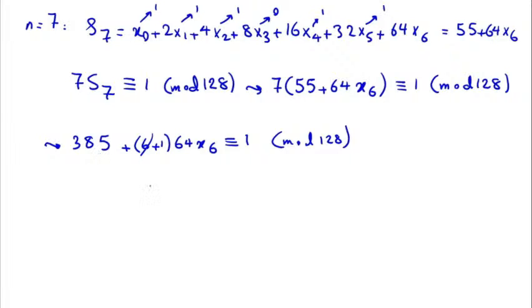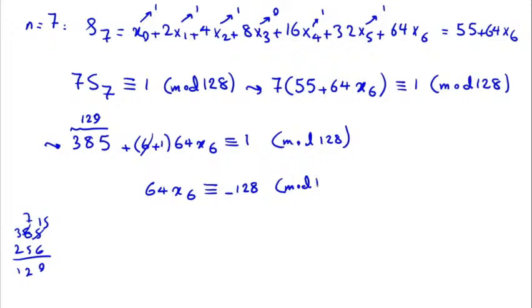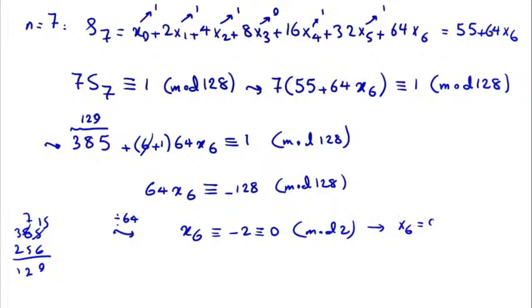Let me write on the left-hand side 64x6, right-hand side 385 is congruent to 1, and if we subtract 256 from this, 385 minus 256 is 129. So if we take it to the right-hand side, 1 minus 129, it will be negative 128 mod 128, and then if we divide both sides by 64, x6 will be negative 2 mod 2, which will be 0. And because x6 can be 0 or 1, it will be 0.